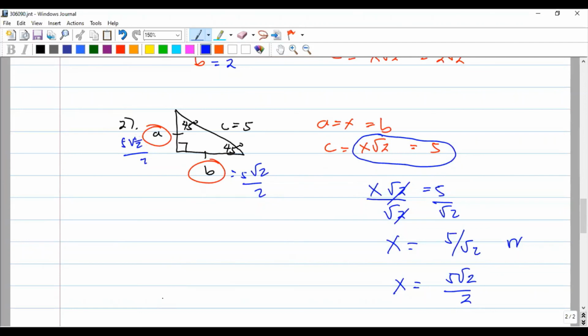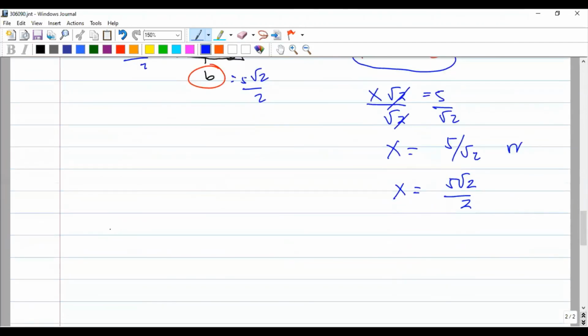Okay? Last example, we have number 3. Another triangle. We have 90 degrees, 45, and 45 degrees.